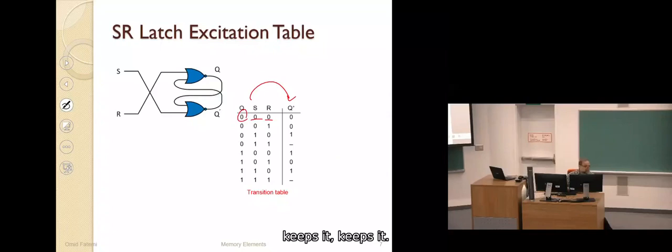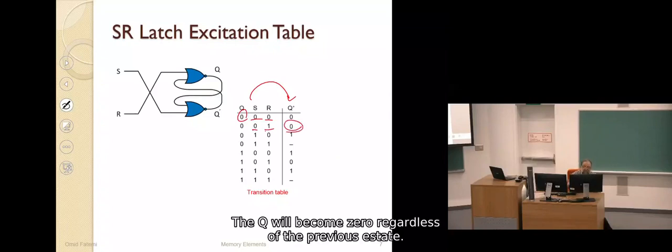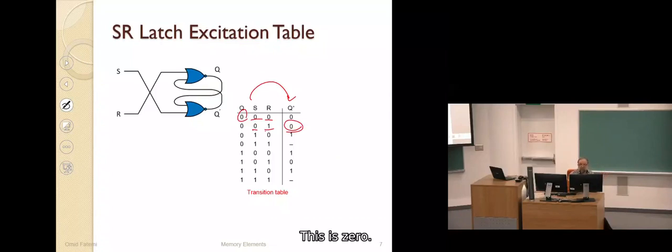It keeps it. When S is 0, R becomes 1, the Q will become 0, regardless of the previous state. When S becomes 1 and R is 0, then Q becomes 1, whatever it is.